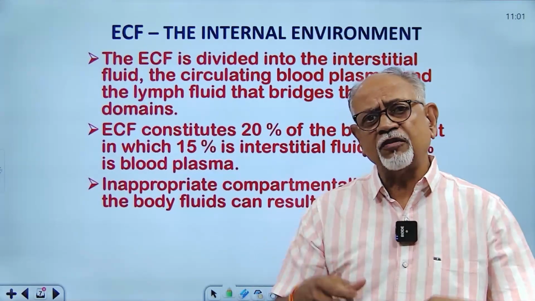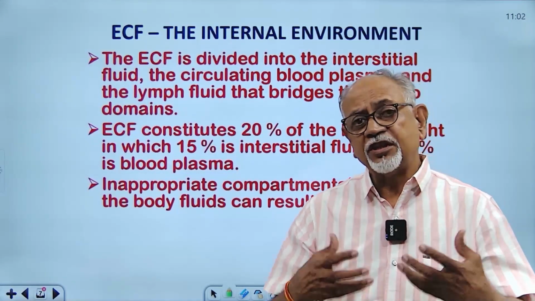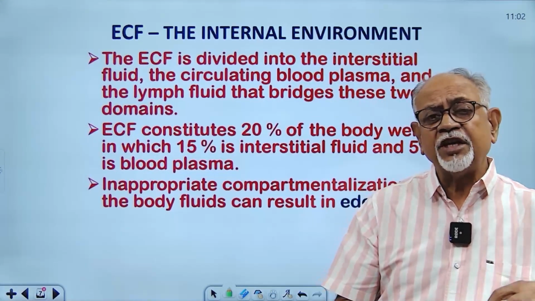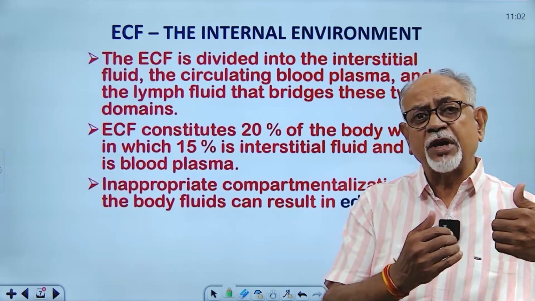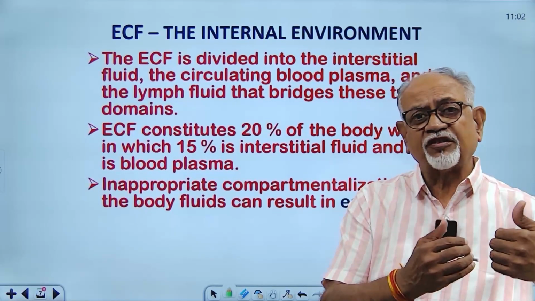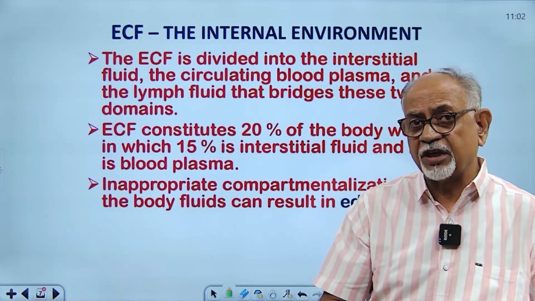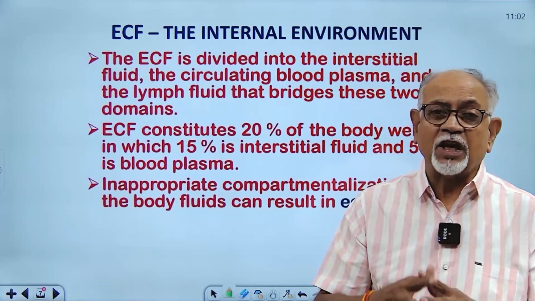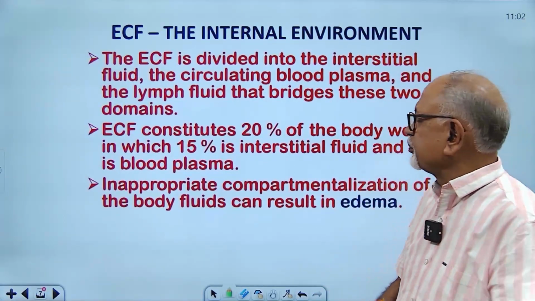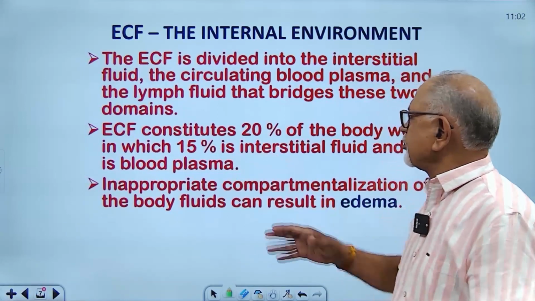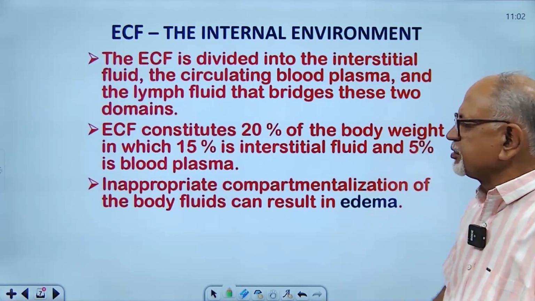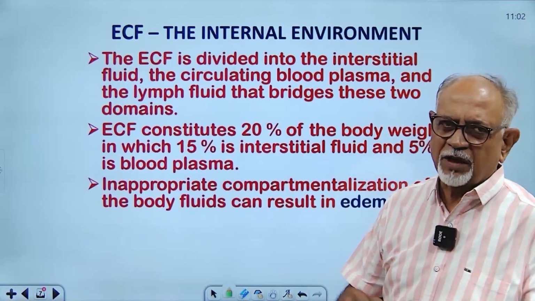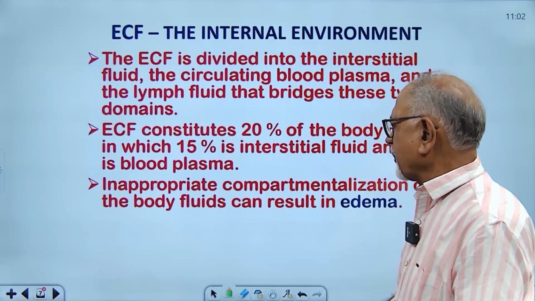That interstitial fluid is collected in the form of lymph, and that lymph is filtered many times and sent back to the main blood circulatory system so as to maintain the volume of blood at the normal value, which is 5 to 6 liters. The ECF constitutes 20% of the body weight, in which 15% is interstitial fluid and only 5% is blood plasma.